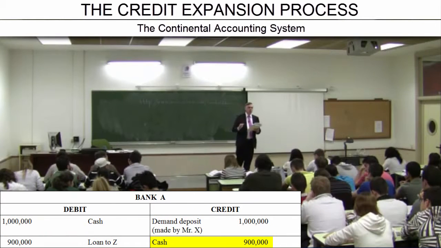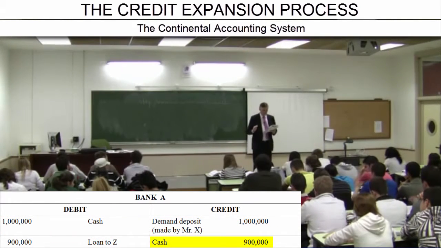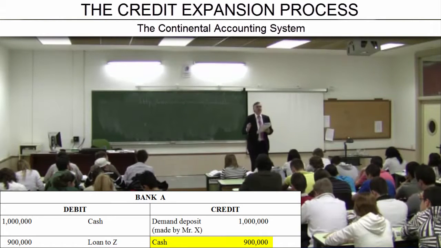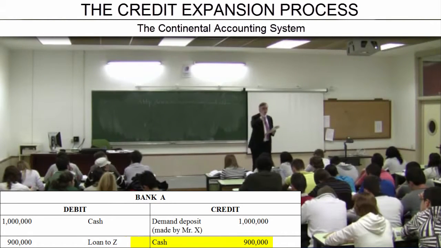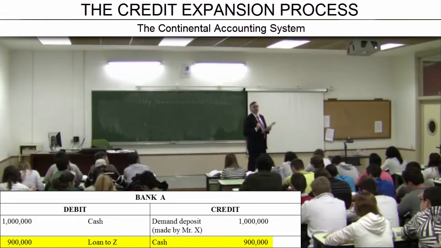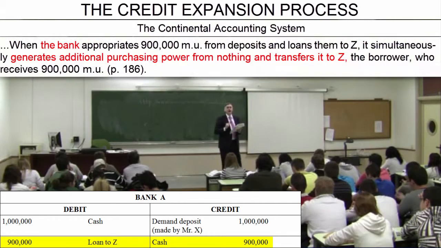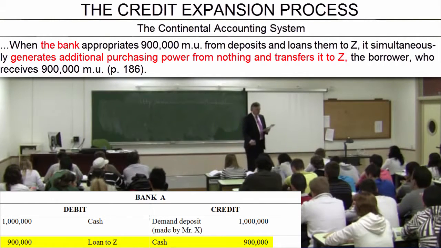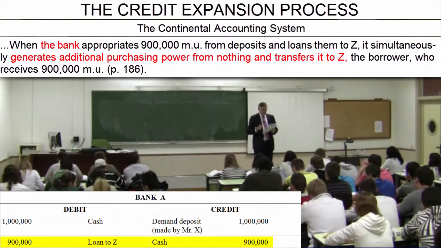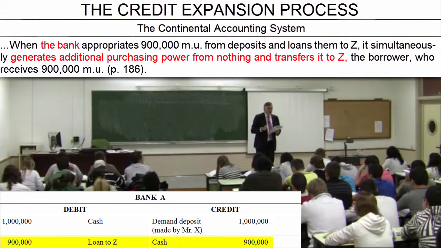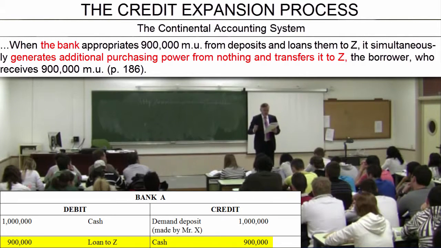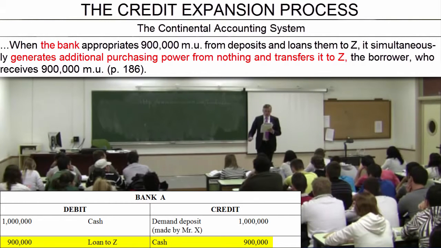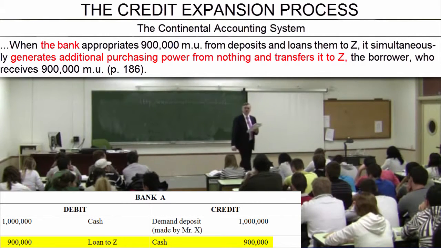When the bank appropriates 90%, 900,000 monetary units, which it had in its vault at the disposal of Mr. X, and it lends the money to a third party, to Company Z, Z simultaneously receives 900,000 monetary units, and Z has in its cash balances 900,000 monetary units, which it receives as a loan. So, the bank generates new purchasing power from nothing and transfers it to Company Z, which obtains the loan and receives those 900,000 monetary units.